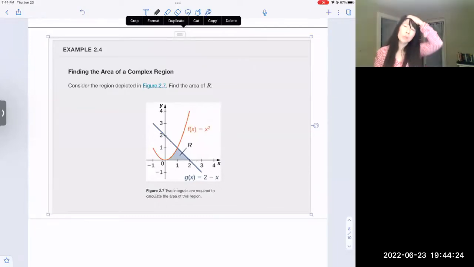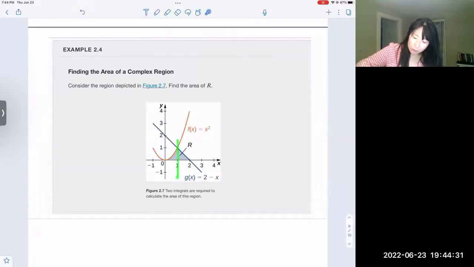We integrate with respect to x, then we divide the region this way.